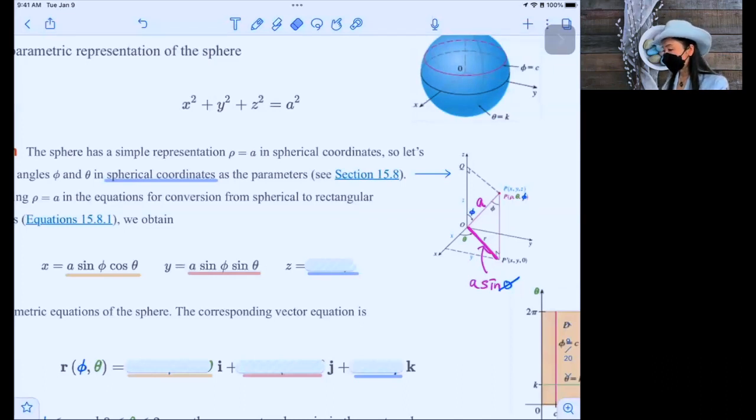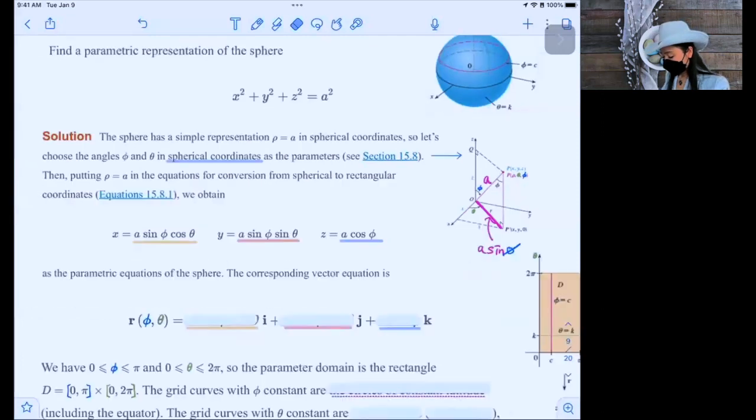You got it. And then z equal to what? Z is this right here, so we consider this right triangle. This is a, and this is the adjacent side of this angle, so it's a times cosine of phi. Yeah, good. So those are the parametric equations for the sphere.